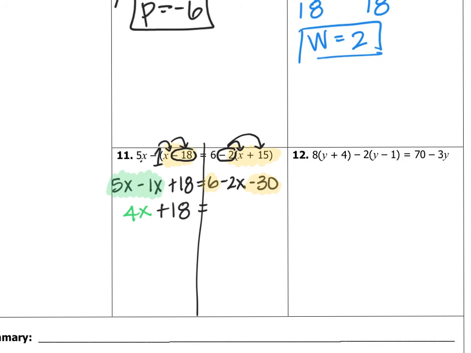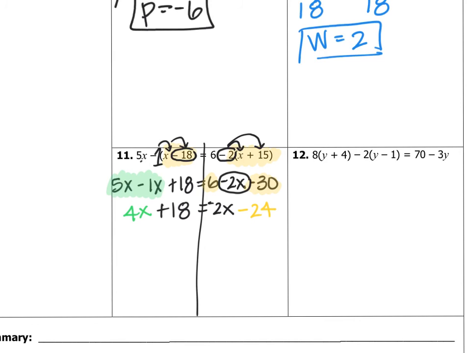So if you type in a calculator 6 minus 30, you should get that it's a -24. Then I still have this -2x. I didn't do anything with that, so I'm going to rewrite it out front as -2x. All right, so now I've distributed, I've combined like terms.